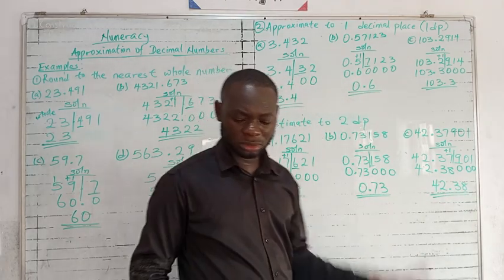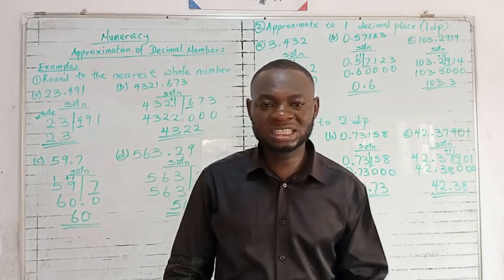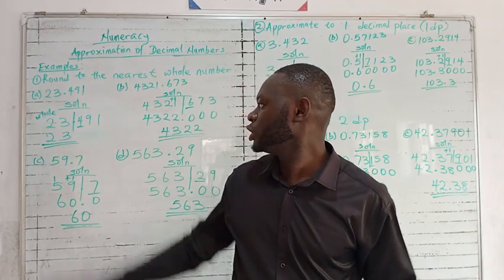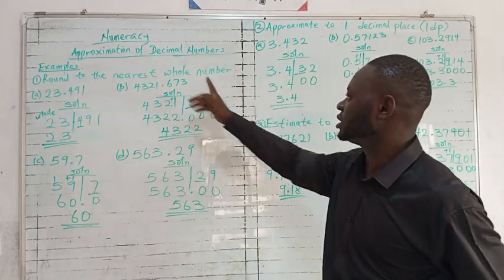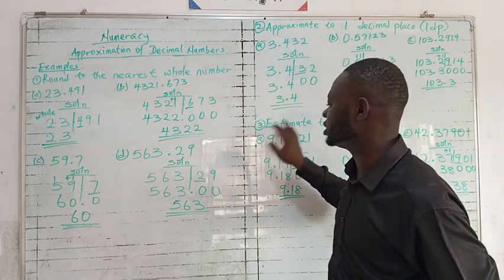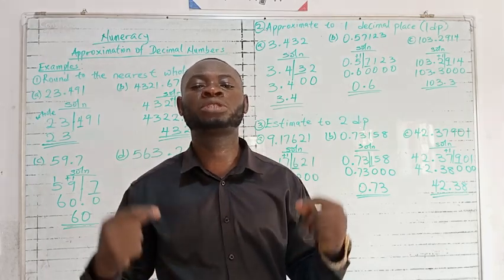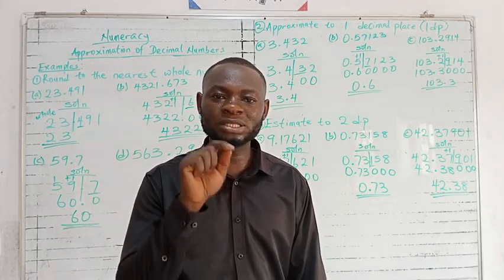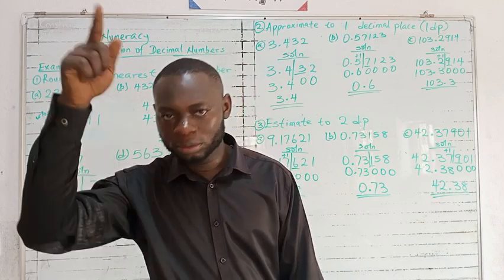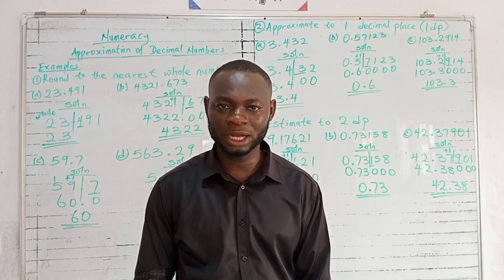Okay? So, that is that on how to approximate decimal numbers. Now, on the examples, we can see how to round to the nearest whole number. You can see how to approximate to 1 decimal place, 2 decimal places. Even if the question asks you to approximate to 3 decimal places, you simply start from the point and count 1, 2, 3. Put your slash and consider the 4th decimal value.